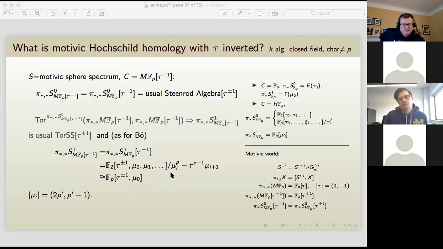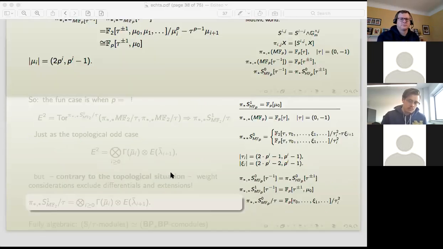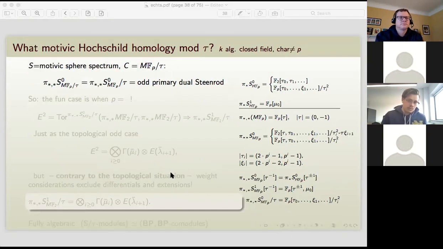And when we invert tau, that is reasonable because then we should be very close to topology. But what happens if we work mod tau? When we work mod tau, then the dual Steenrod algebra of the motivic mod P Eilenberg-MacLane spectrum mod tau is exactly what I get when I work mod tau on the motivic dual Steenrod algebra.